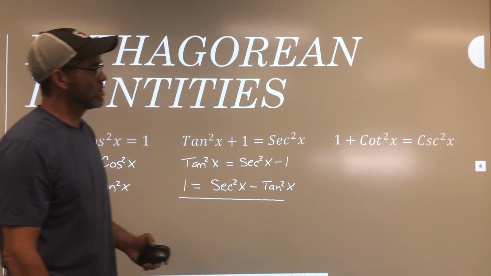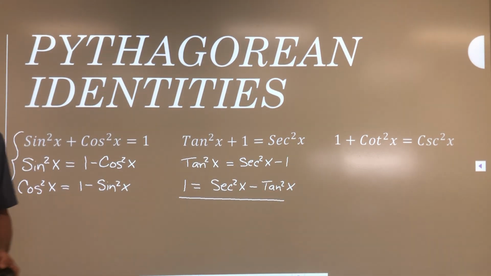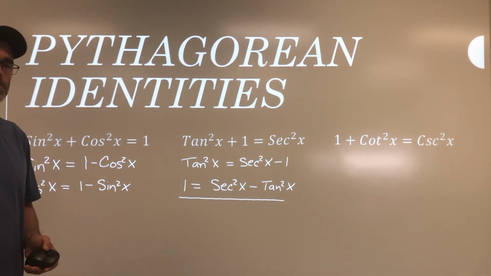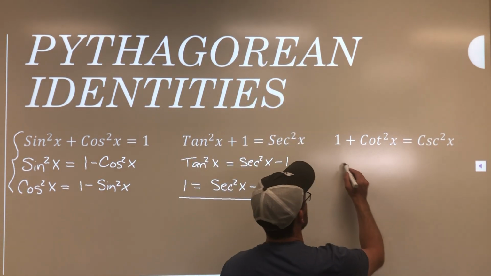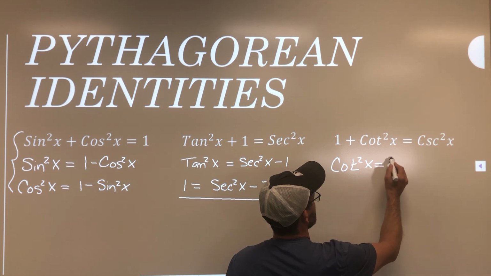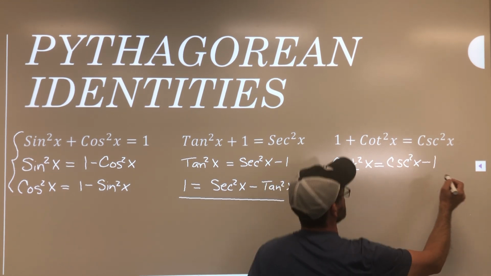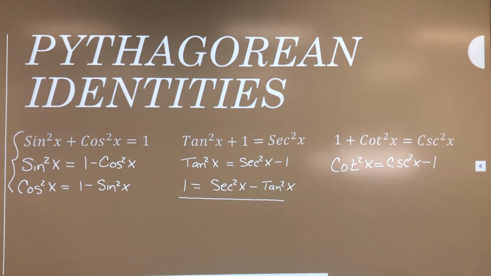Okay, let's bounce over here and let's look at this one. 1 plus the cotangent squared is equal to cosecant squared. And again, what if we wanted to know what is cotangent squared of x equal? Well, we'll just take the 1 and subtract it over. We get cotangent squared of x is equal to cosecant squared minus 1.